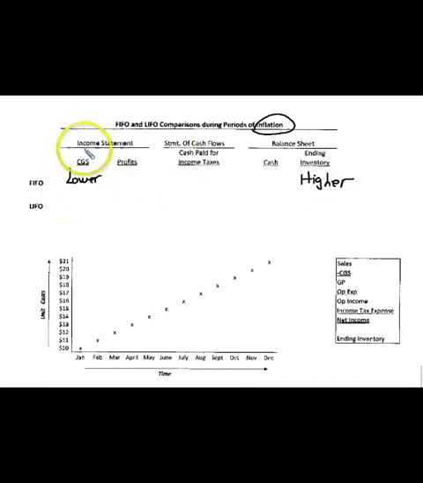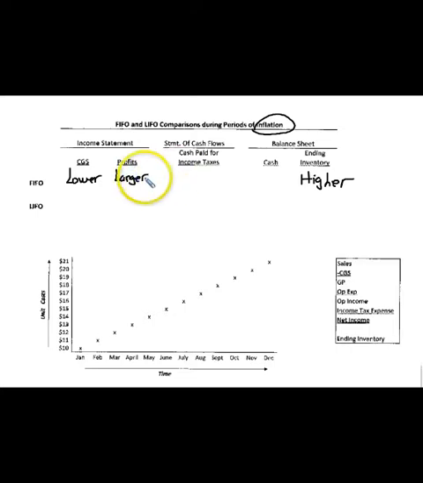Now let's go across the income statement, cash flows, and balance sheet. Okay, so if we have a smaller cost of goods sold, that's an expense. How does that affect profits, like gross profit, operating income, income before taxes, and net income? Well, a smaller expense leads to larger or higher profits.